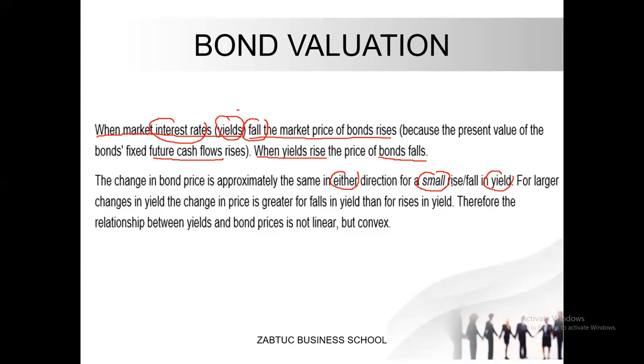If there's a very big change, then the impact on market values may not be exactly what is estimated or forecast by the relationship that you have here. For larger changes in yields, the change in price is greater for falls in yields than for rises in yields. Therefore, the relationship between yields and bond prices is not linear, but convex.